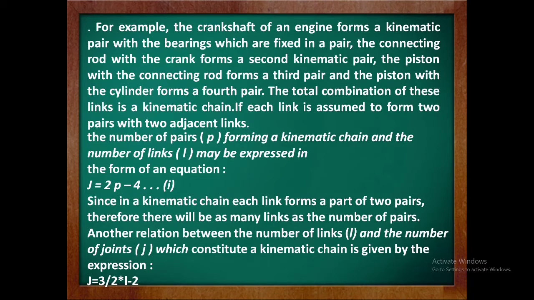The total combination of these links is a kinematic chain if each link is assumed to form two pairs with two adjacent links. Therefore, the number of joints in a kinematic chain, J, is equal to 2P minus 4, where P is the number of kinematic pairs and J is the number of joints.